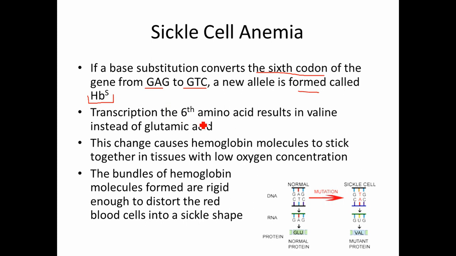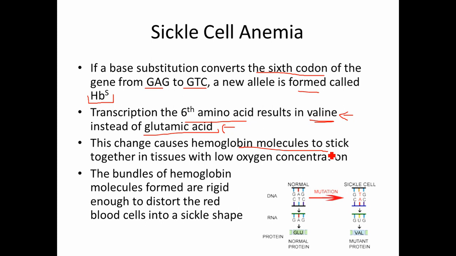Transcription of that 6th amino acid now will result in a valine instead of a glutamic acid. This glutamic acid is a polar amino acid that is now getting replaced with a non-polar amino acid. This change will cause hemoglobin molecules to stick together, because that exposed valine, being non-polar, does not want to interact with the polar surroundings.